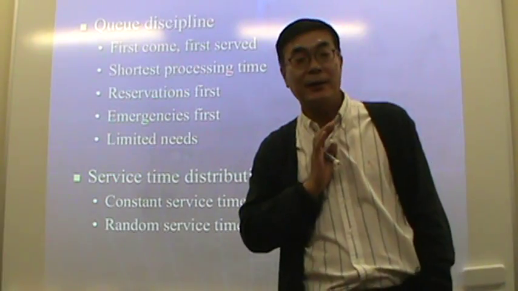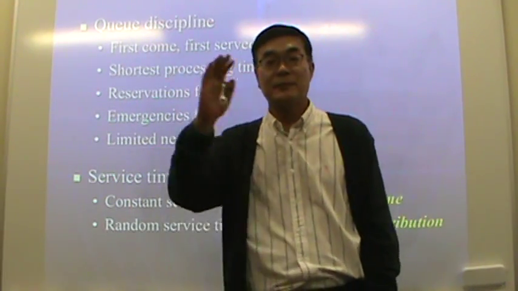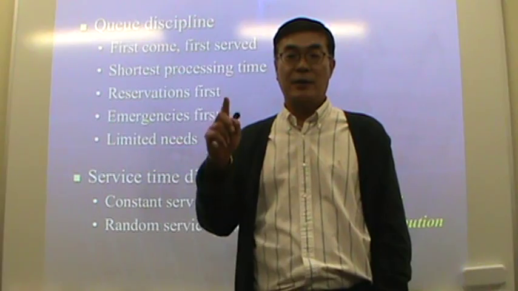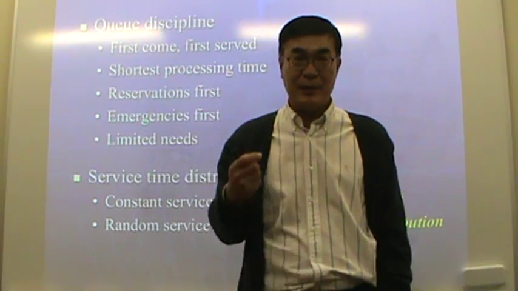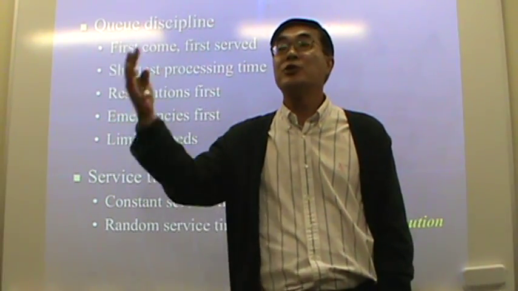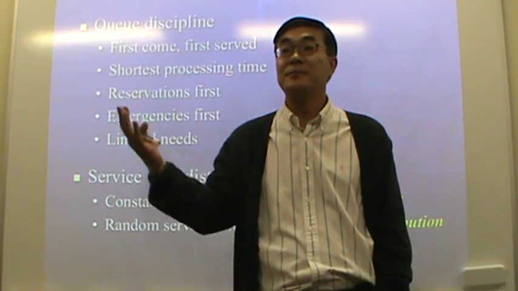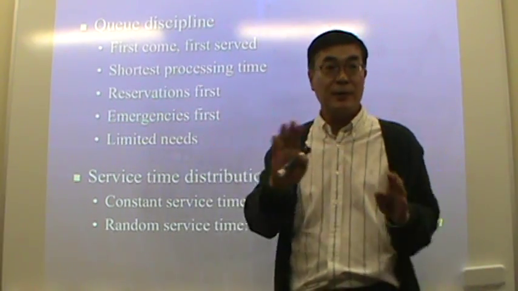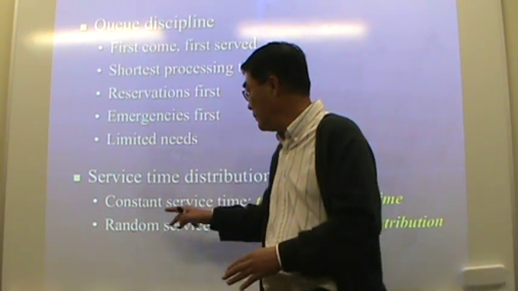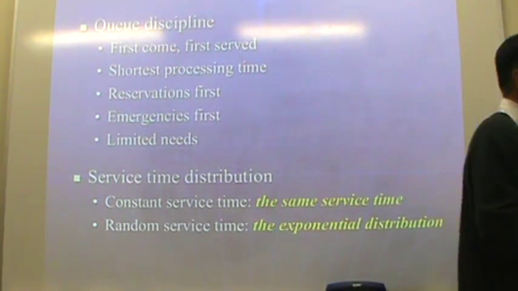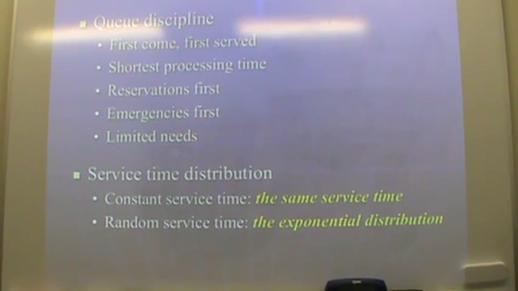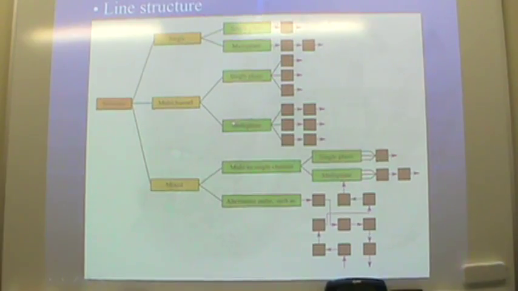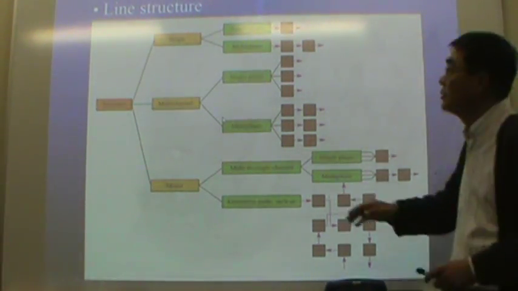If I need a car wash and I push A, next time A, next time A, the washing time is the same, right? So every time the service time is the same, constant service time. But usually it's random, variable, following the exponential distribution.